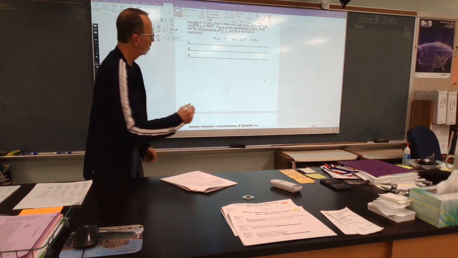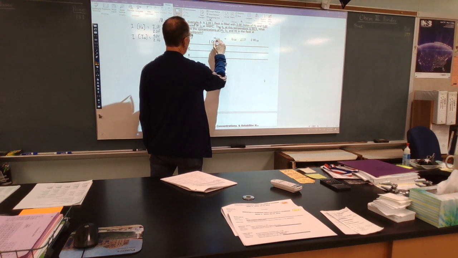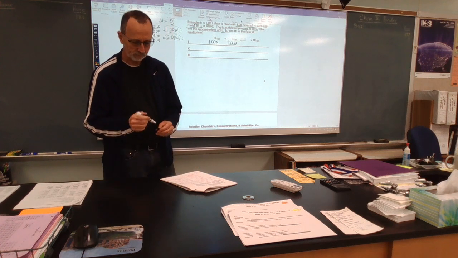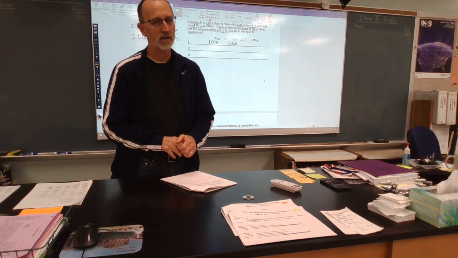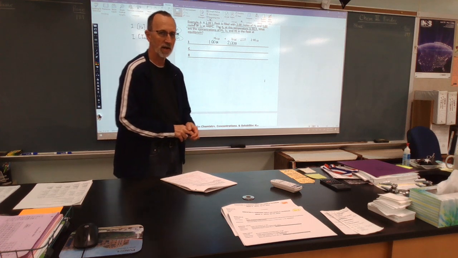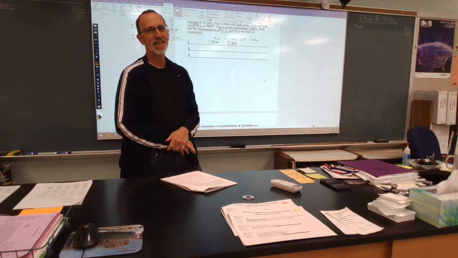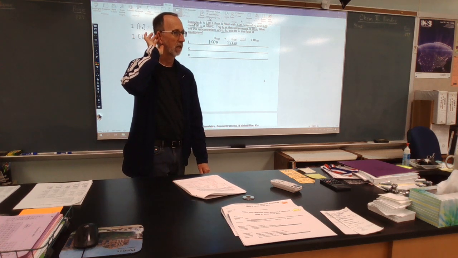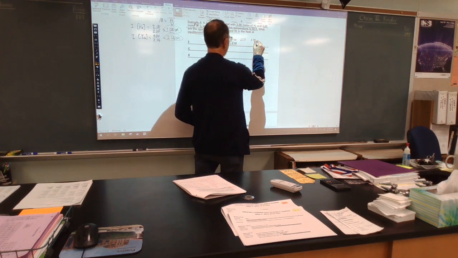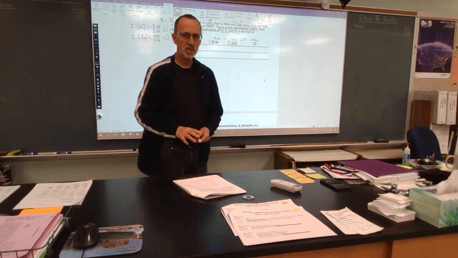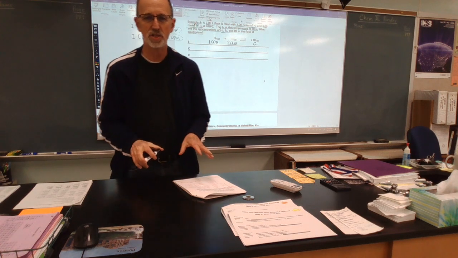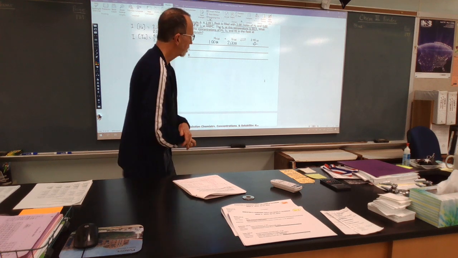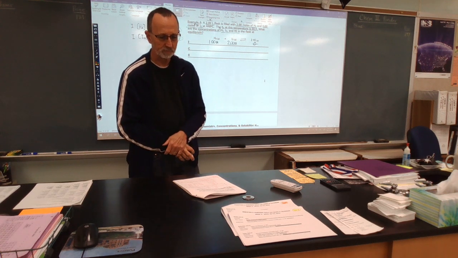All right, so I will put that here for hydrogen, here for iodine, and hopefully by now, after our last lesson, you already know what the initial concentration of our product is. It is 0. Initially, whatever is placed in the reaction, we're talking about before the reaction commences, any products then would be 0.